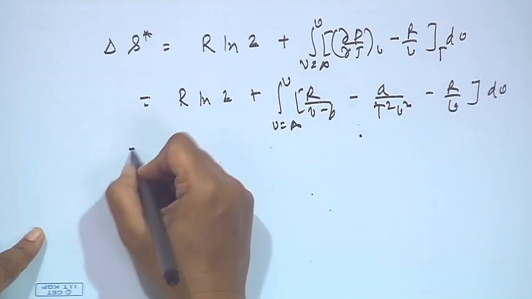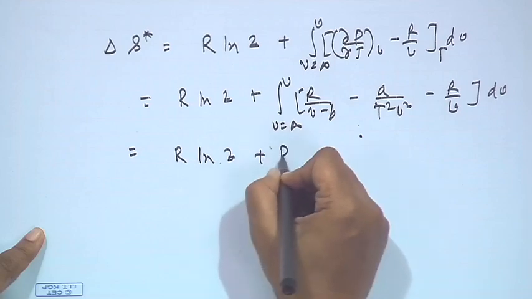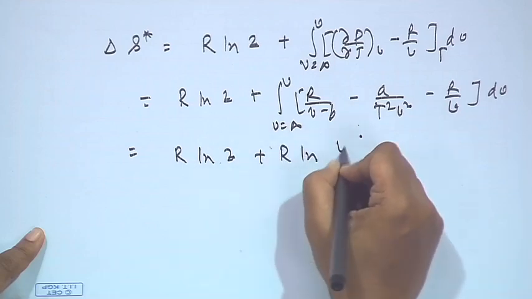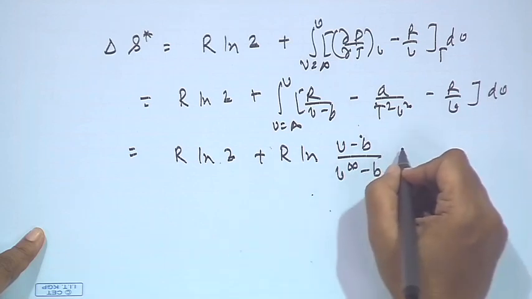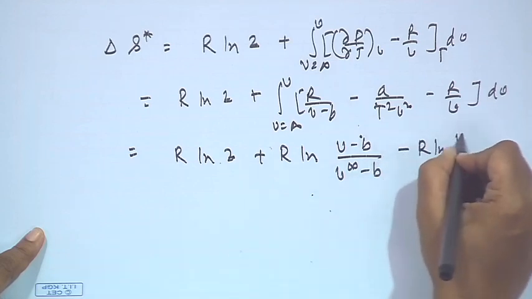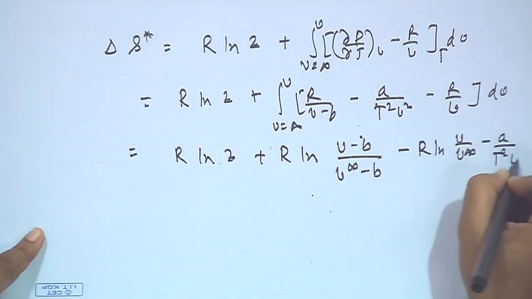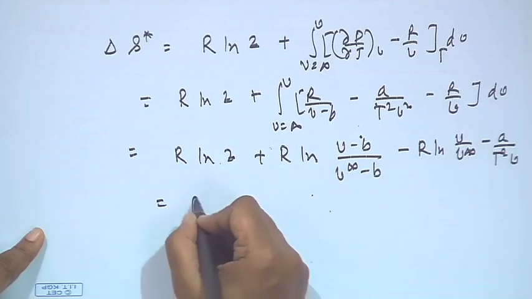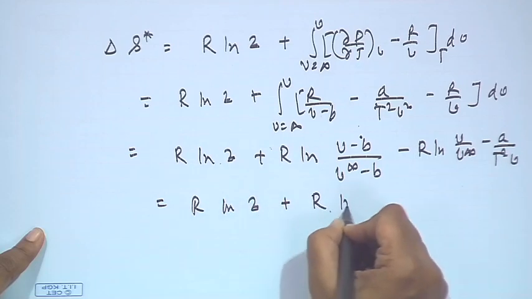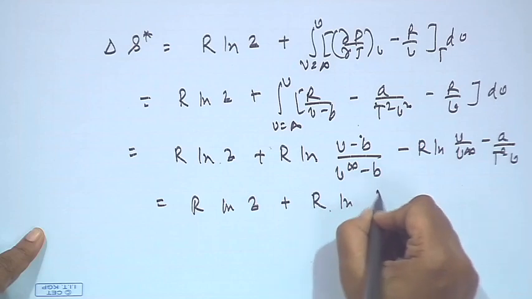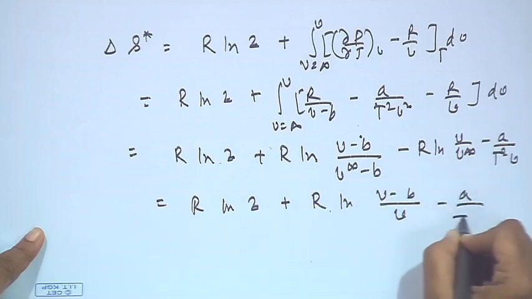So here we get R ln Z plus R ln of V minus B by V infinity minus B, minus R ln of V by V infinity, minus A by T square V, which with all the simplifications becomes plus R ln of V minus B by V, minus A by T square V.